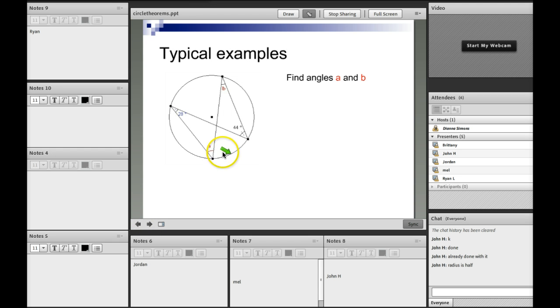Okay, so look at the circle. You guys should be able to do this fairly easily. Find angles A and B. Can you see him? Okay. So what do you think angle A is, what do you think angle B is?